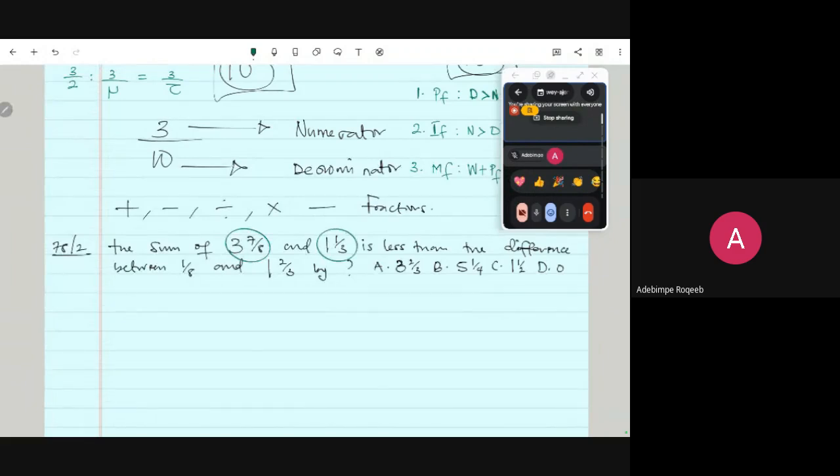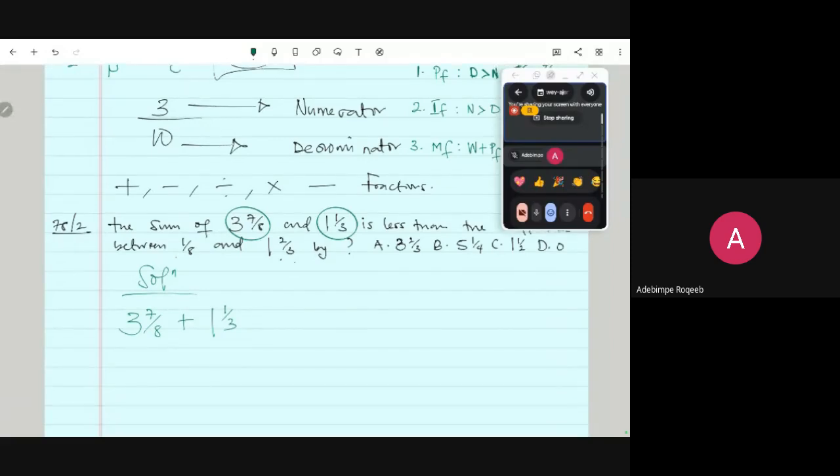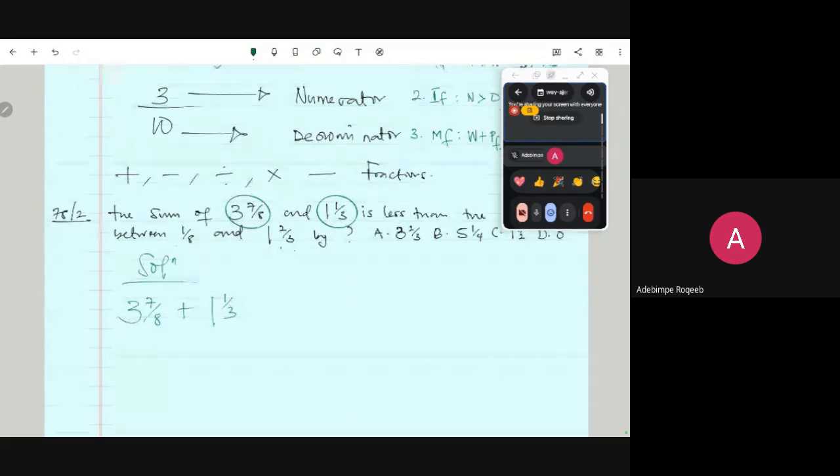If you add them together, it is less than the difference between these 2 guys by what? That's what we are asked to find. So let's find the sum of these 2 guys, then we find the difference of these 2 guys. They will then bring them together as one question. But the first thing is that we have to add these 2 guys together.